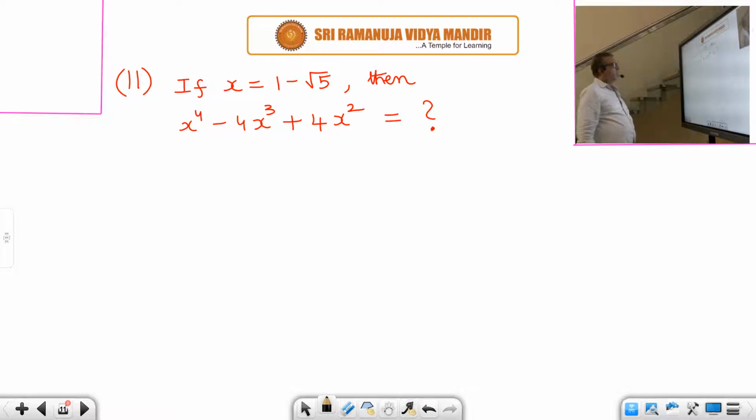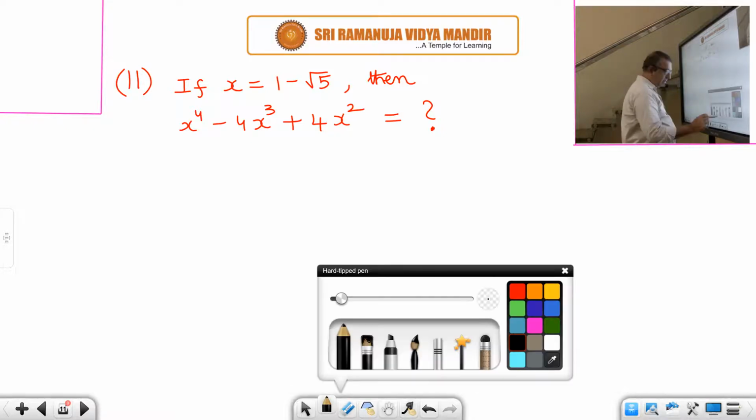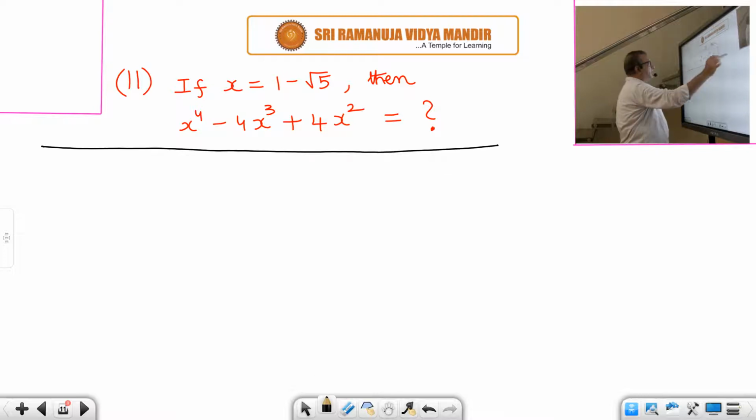If x is equal to 1 minus root 5, then what is x power 4 minus 4x cube plus 4x square, etc.? That we have to calculate. See, the best method is not the direct method. What is the direct method?